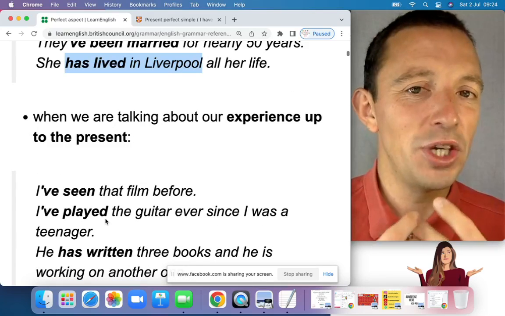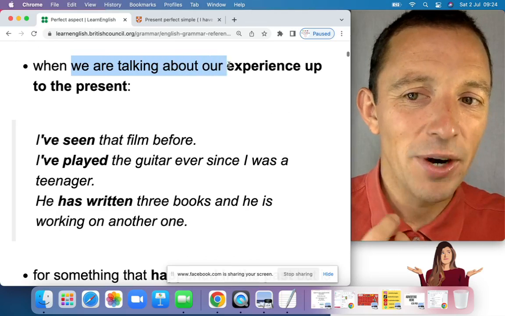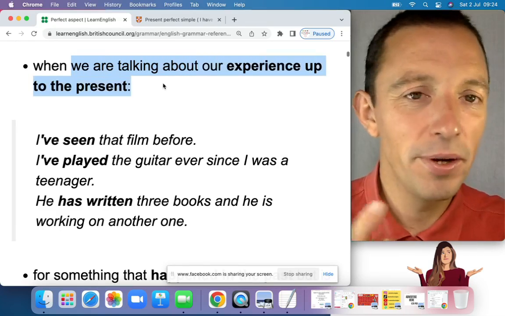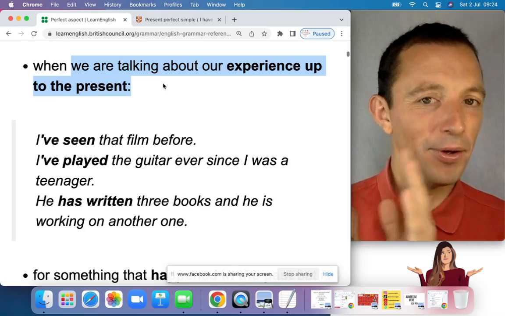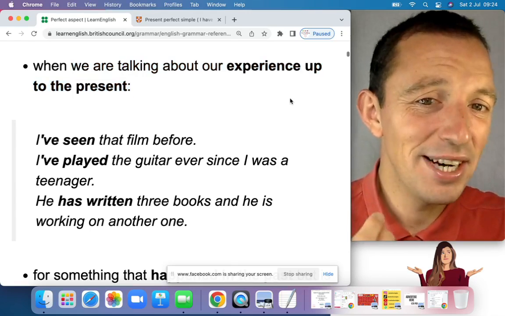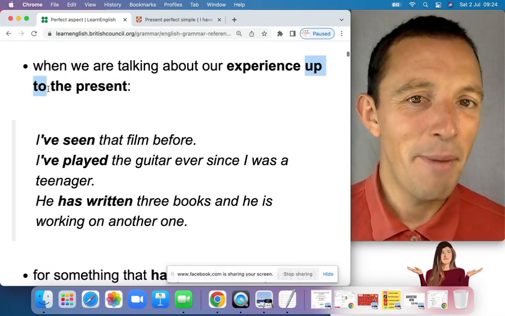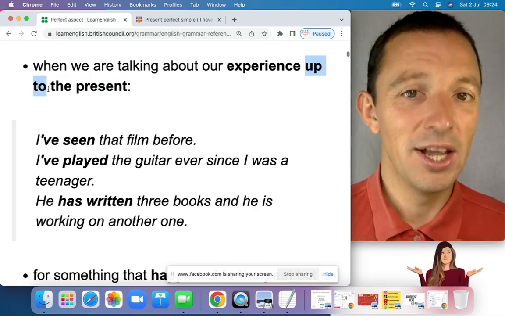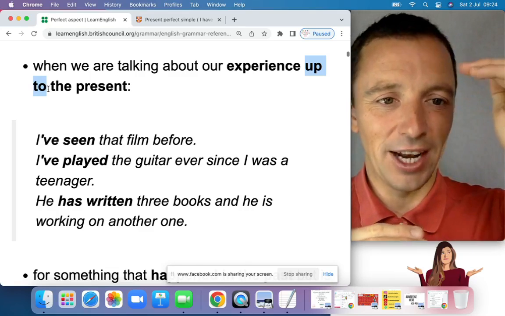The next time we use the present perfect is when we are talking about our experience up to the present. It's a very simple combination in English, up to, but it's very powerful and important as well. For instance, you are working up to 8 o'clock.